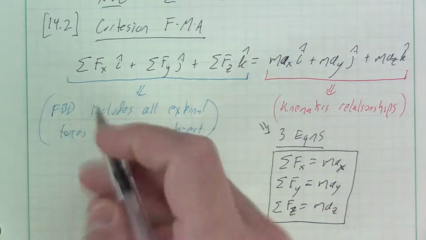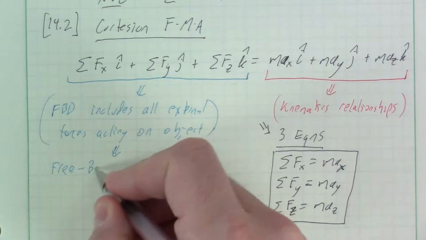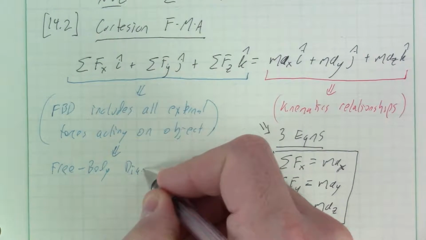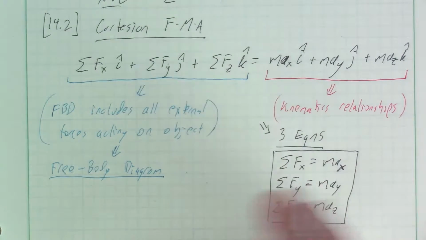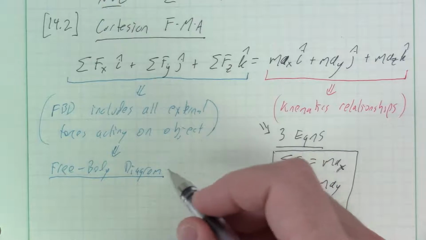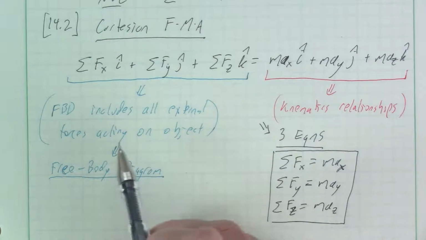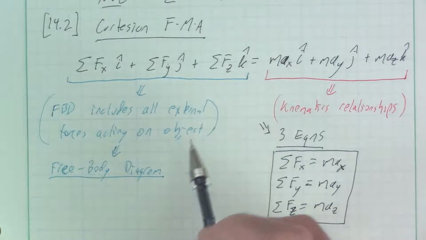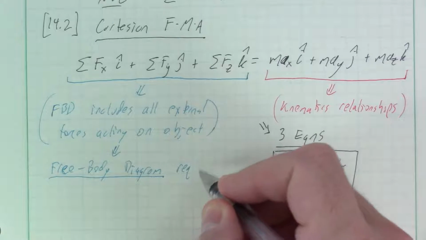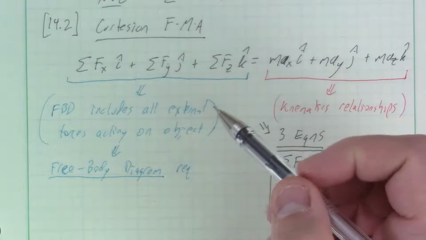Okay, let me spell it out this one time. Free body diagram. What we mean by that is we're isolating an object, and instead of the complexity of the system around it, we just draw the forces on the diagram and use that as an analytical tool. And then the free body diagram acts as a component-wise breakdown of the more complicated vector nature of the forces and of the Newton's second law relationship.